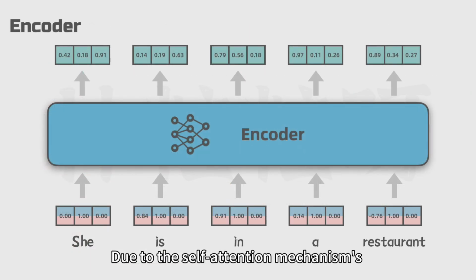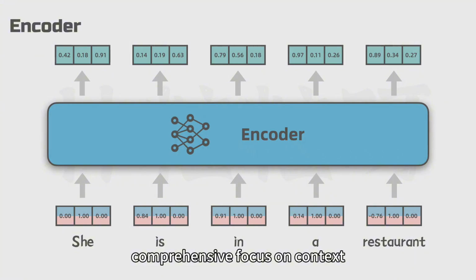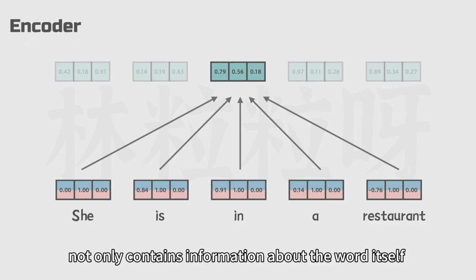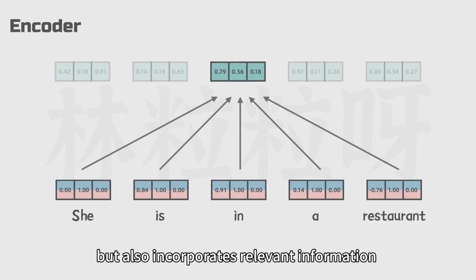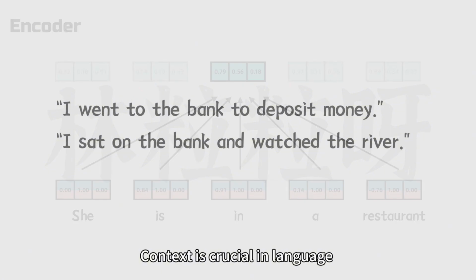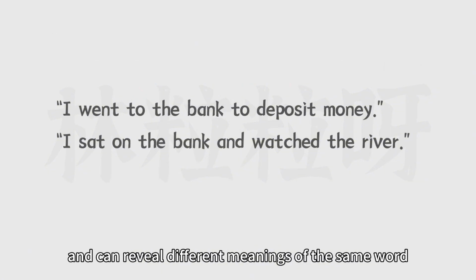Due to the self-attention mechanism's comprehensive focus on context, the resulting output representation not only contains information about the word itself, but also incorporates relevant information from the context. Context is crucial in language and can reveal different meanings of the same word.